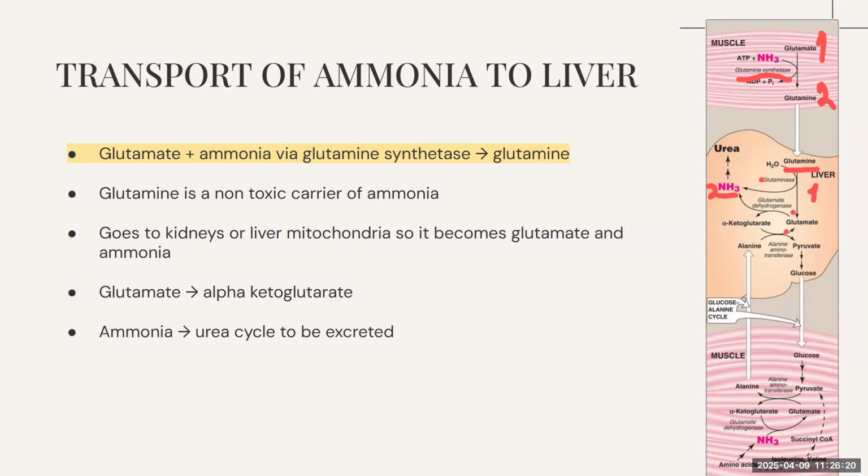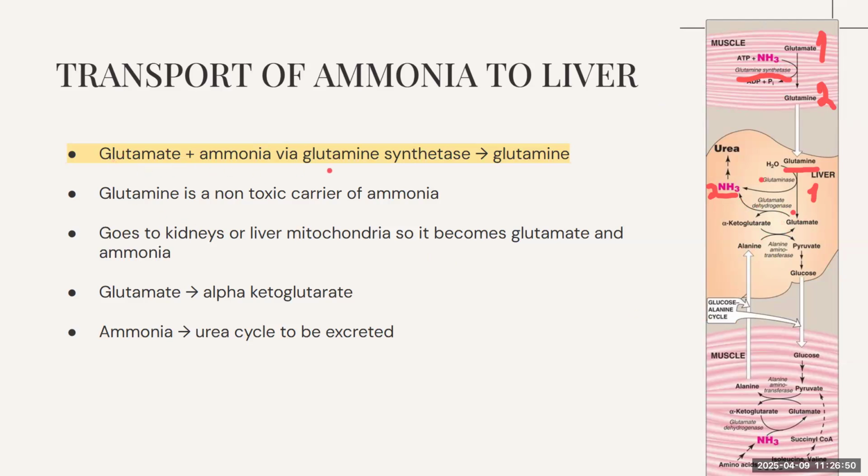When the alanine becomes glutamate, and then the glutamate is oxidatively deaminated, another ammonia is lost. So from the glutamine cycle, two ammonias are lost, and from this reaction, one ammonia is lost, because it's only one ammonia ion that's transported in the glucose-alanine cycle.